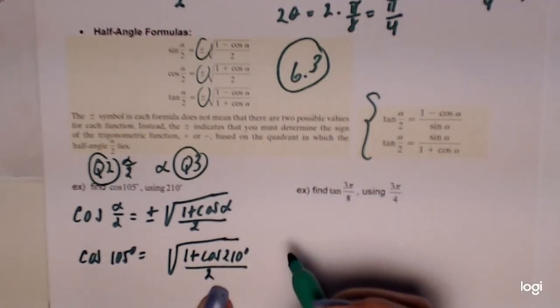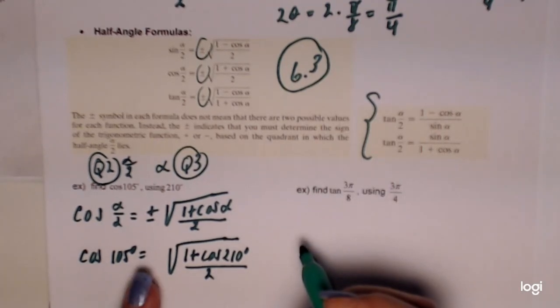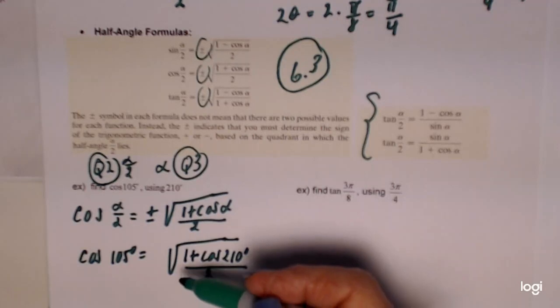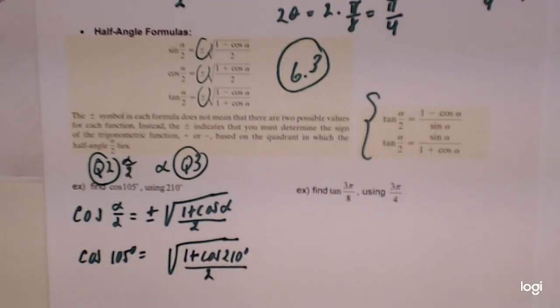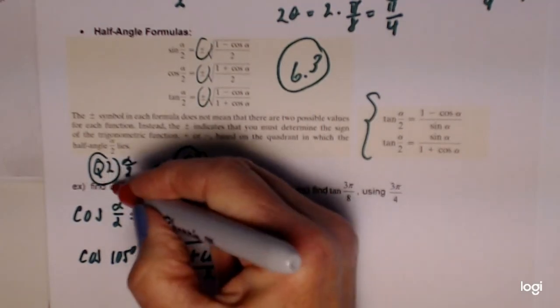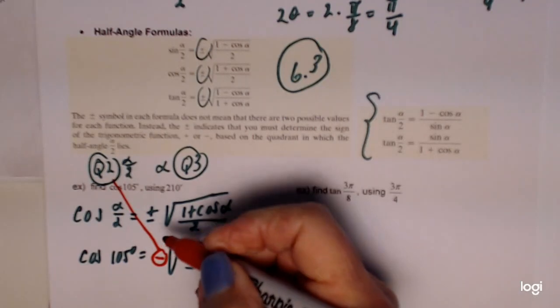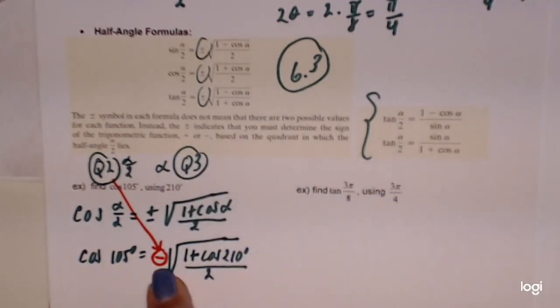So we put this information in. Now, plus or minus, because our angle 105 is in Q2, and in Q2, our cosine is negative. So this is the sign that we're going to use.